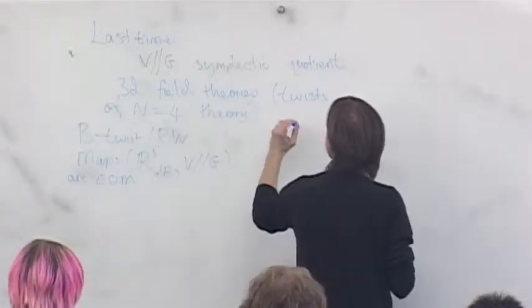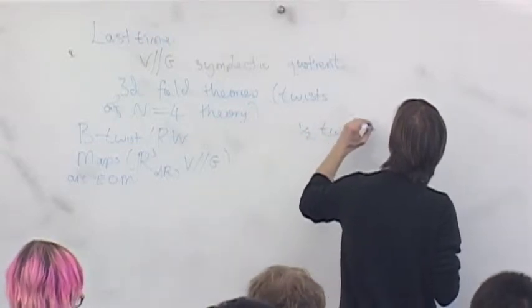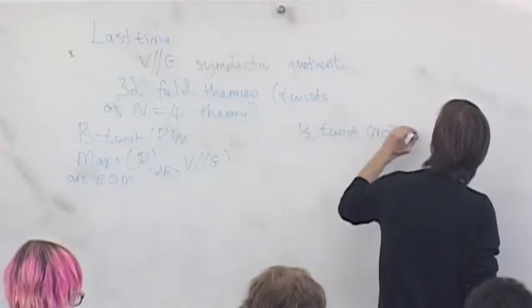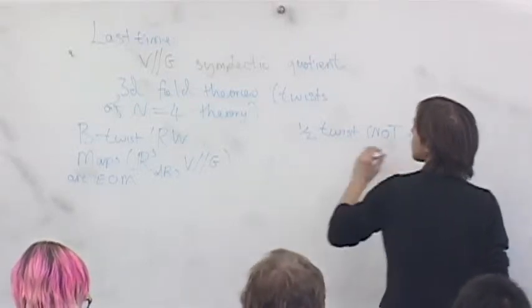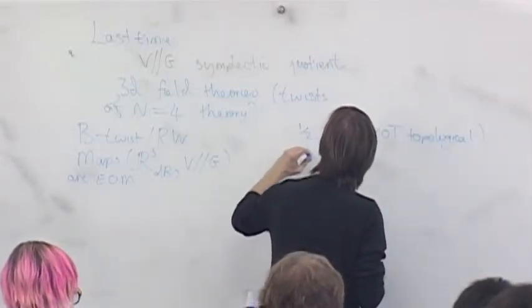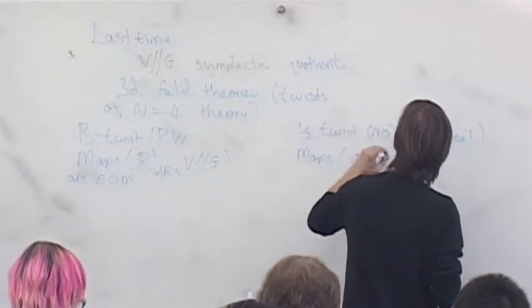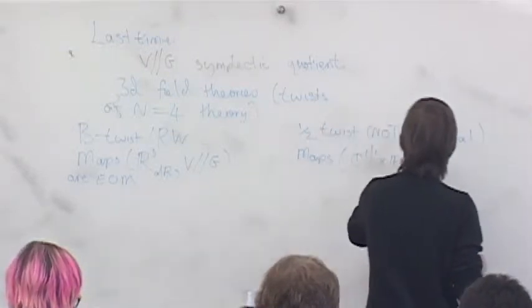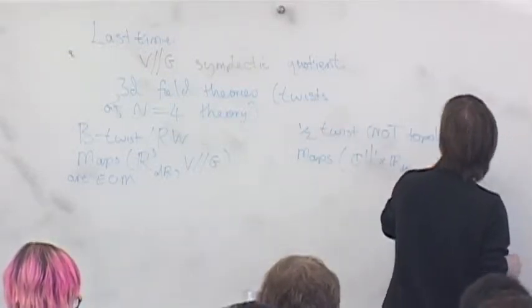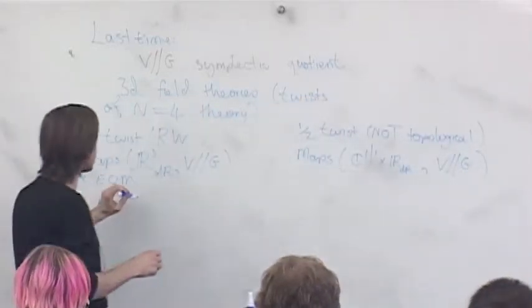and in the middle, there was a half twist. And this is not topological. Where this describes maps from C^{1|1} cross R to V mod G. And let me remind you, when I have this subscript dR, this means locally constant maps.